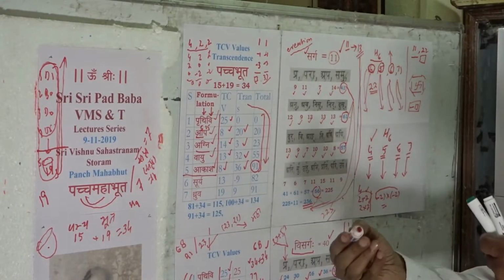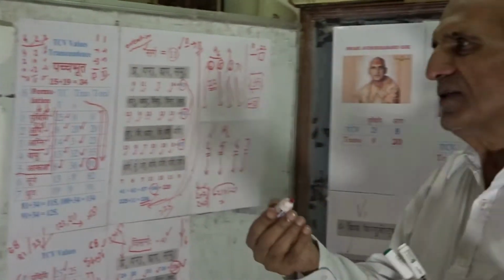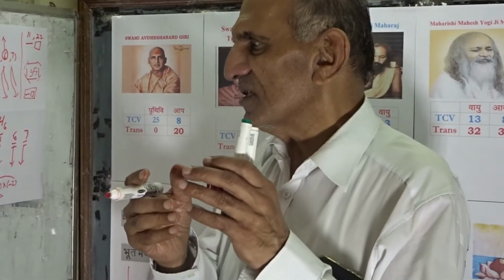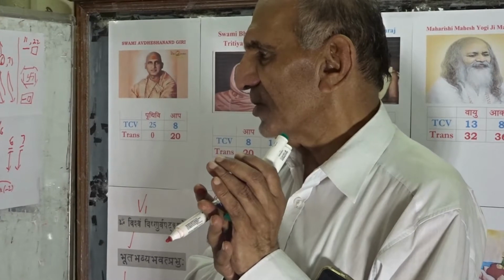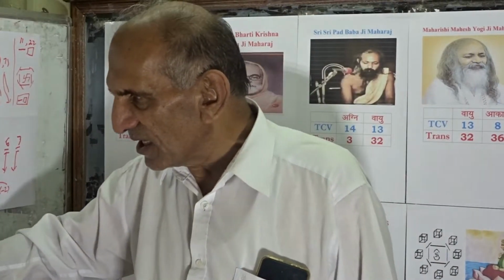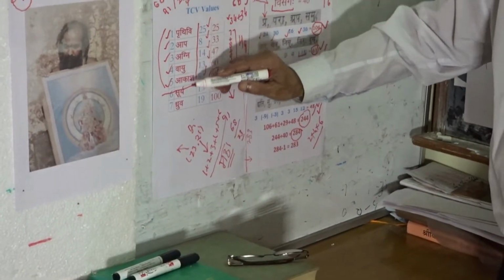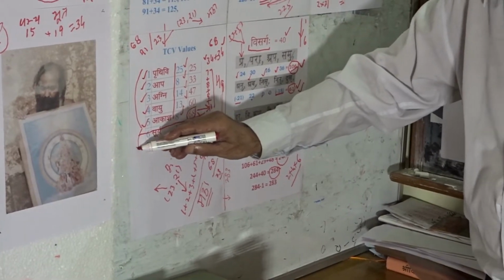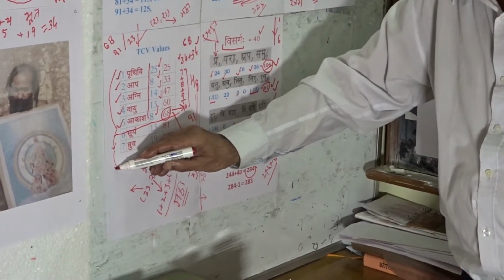It is this feature, this value, this format of the existence phenomenon of our solar universe, which will be taking us from Panchmahabhut to the Surya and a step ahead to Dhruv.